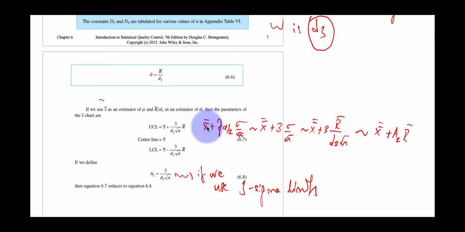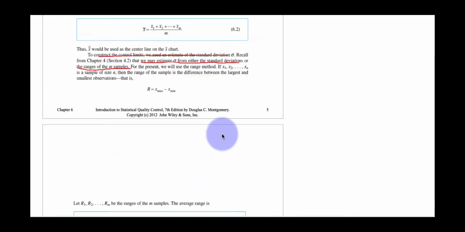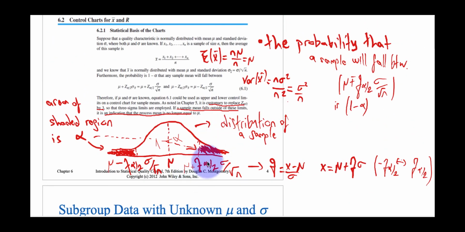This is the central line. We are estimating the mean by the X double bar, the grand average. The grand average plus Z alpha over 2 times sigma over square root of n. This is the sample standard deviation. This is Z alpha over 2. We see here, right?